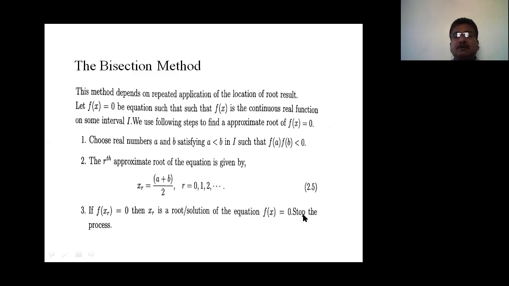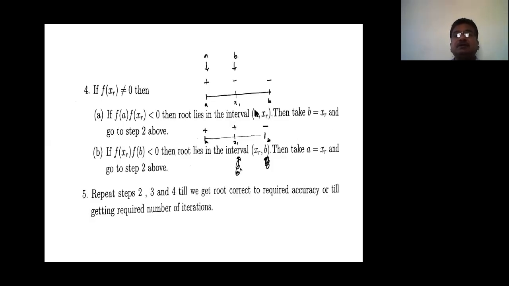If f(x1) is not equal to 0, then what is the procedure? Find the sign of f(x) at x1. If the sign is negative, then the root lies between a and x1. Call this x1 as b, and then perform the second iteration, that is, find x2 by using the formula (a + b)/2, where b is x1.